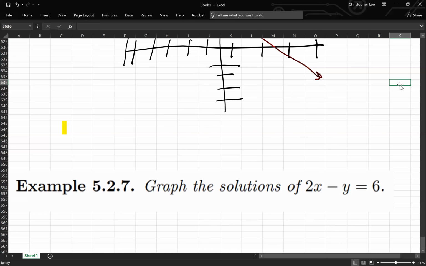Solve for y, plug in numbers, get 2 points. Boom. Just solve for y first.